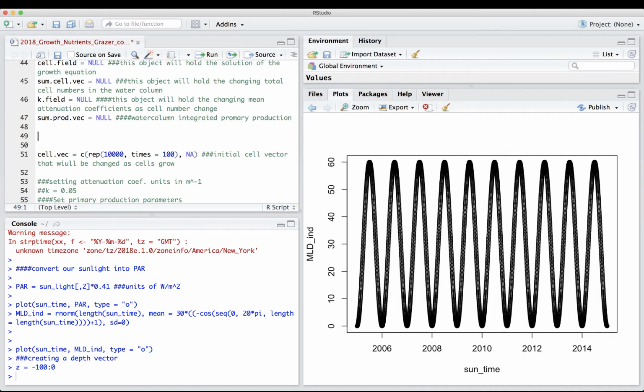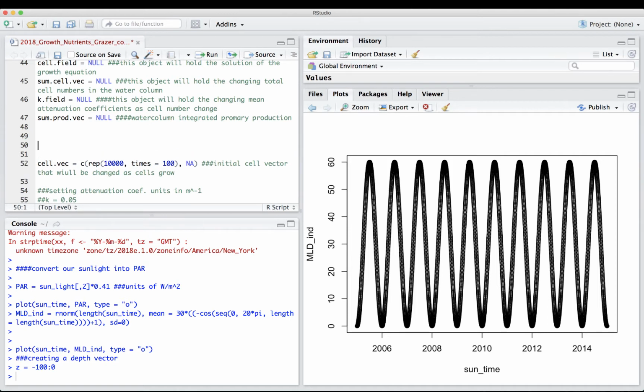We need to add a couple things here before we go into cell vector, a few more fields. One is going to be the graze.response.field. So this is going to be the functional response of grazers to the number of cells.